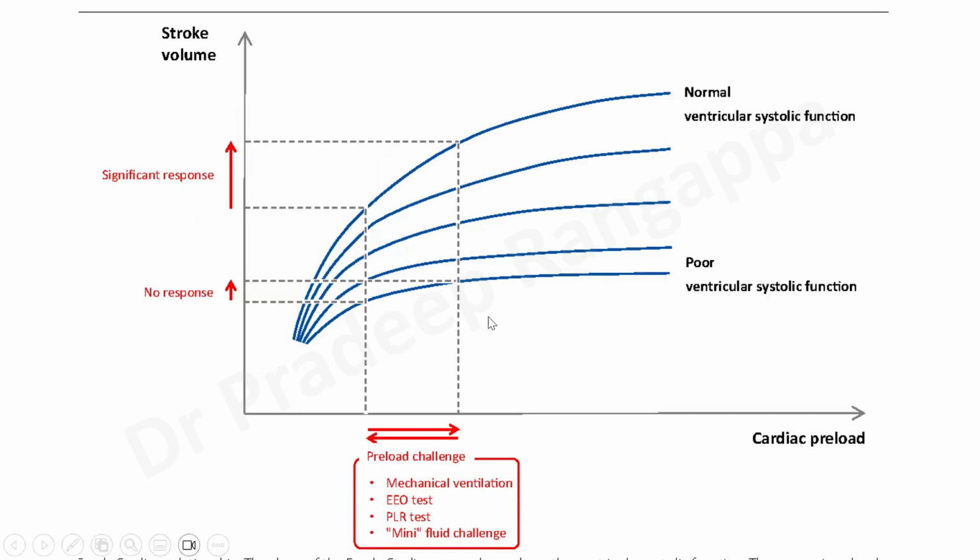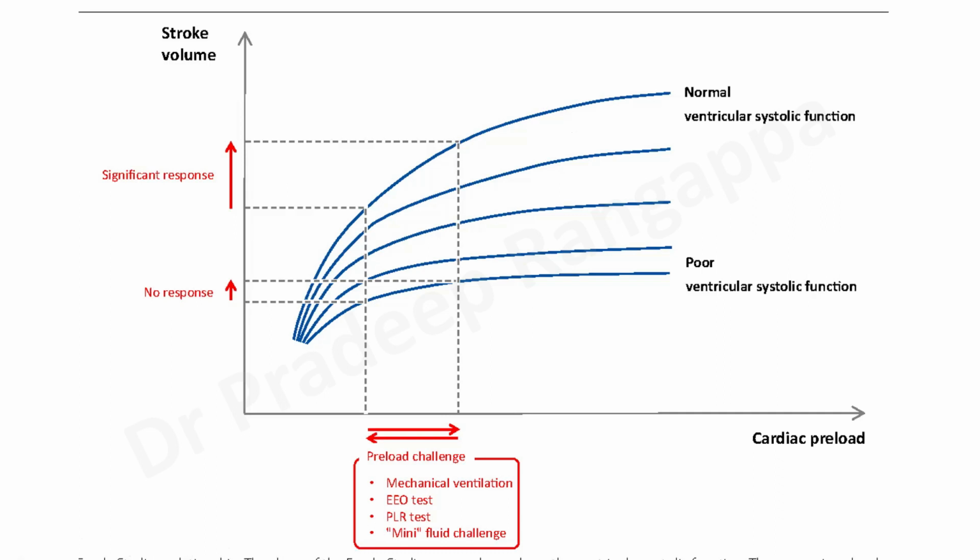If you have a poor LV function, as you see, the lower two graphs are patients with poor LV function. You give fluid, and there is no good cardiac output improvement with the fluid. So there's no response, no improvement in the stroke volume. But if you see the above two curves where the LV function is normal, your stroke volume response to the fluid bolus given is very good.